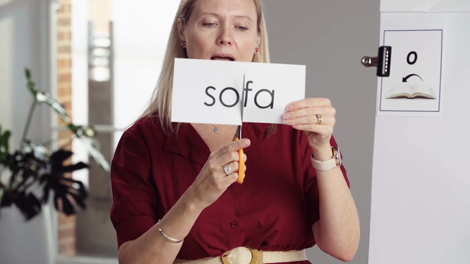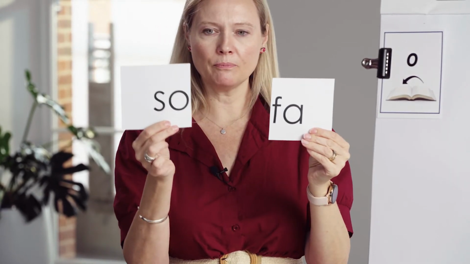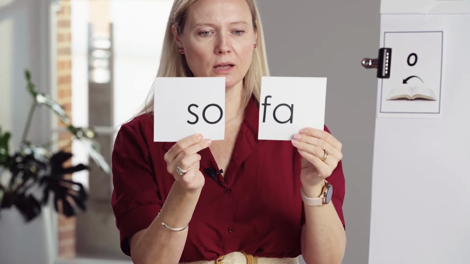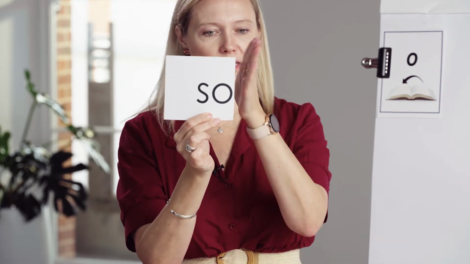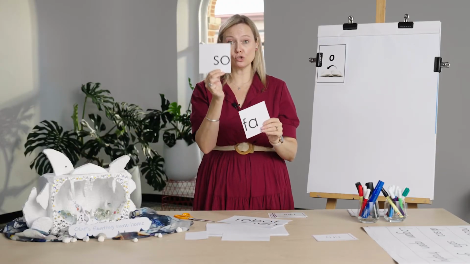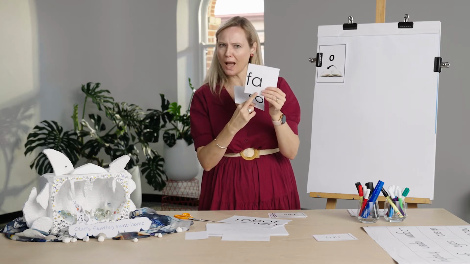I'm going to cut that syllable break there. Let's try and read that now. Sofa. Can you see there's no consonant at the end of that first syllable? So it must be open O. Sofa. That was a schwa, wasn't it?